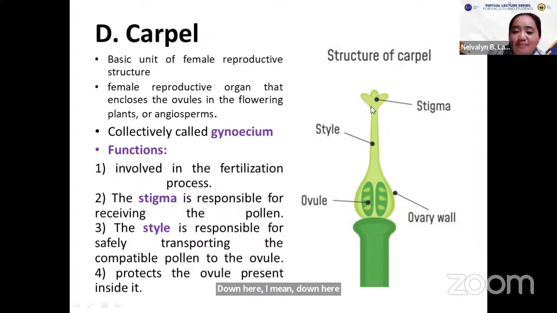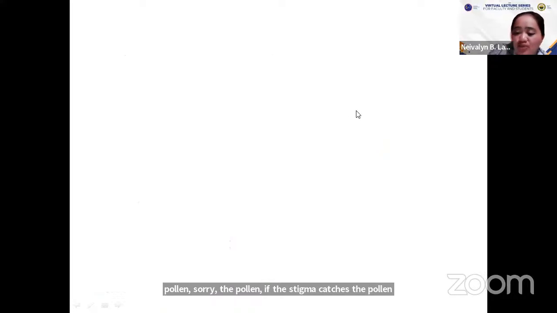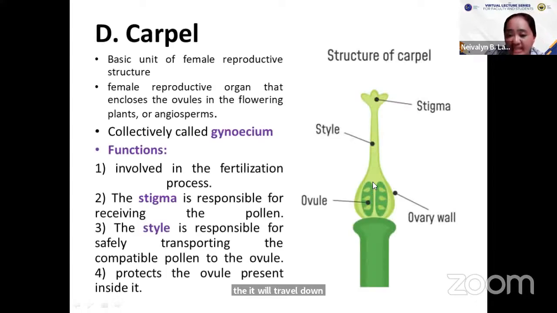If the stigma catches the pollen, it will travel down to the ovary, where, of course, double fertilization takes place.